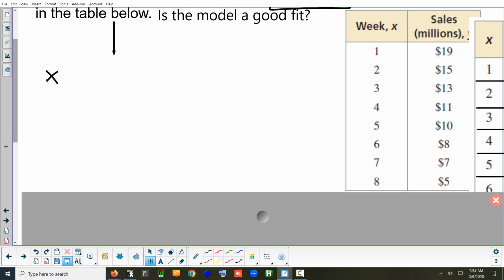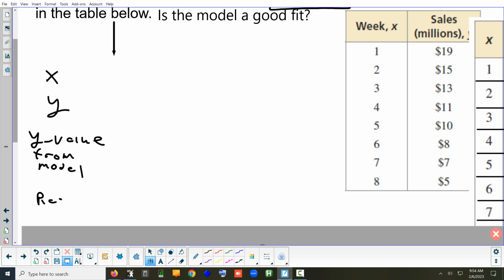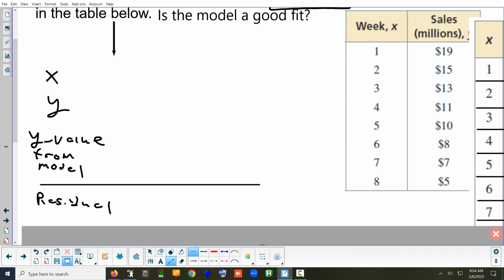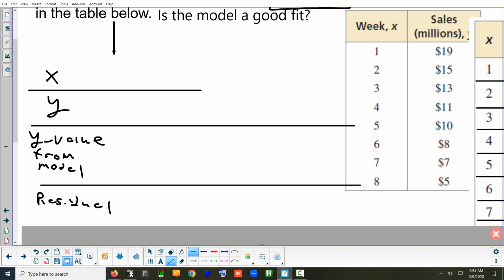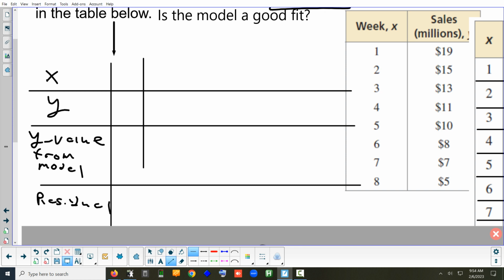All right, so we got x, y, value from the model, and the residual. Okay, let's put some lines in there. Again, you guys are going to have a table already filled out like this on the test. You're not going to have to draw your own table.